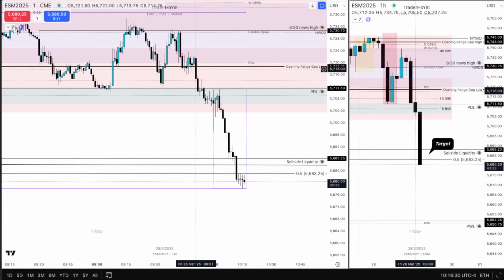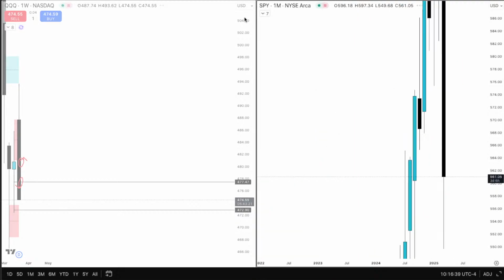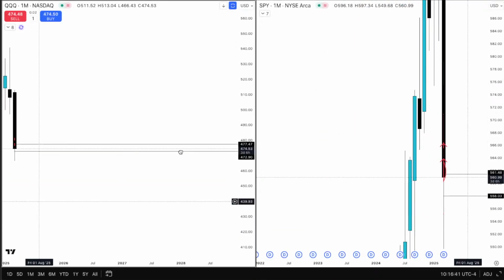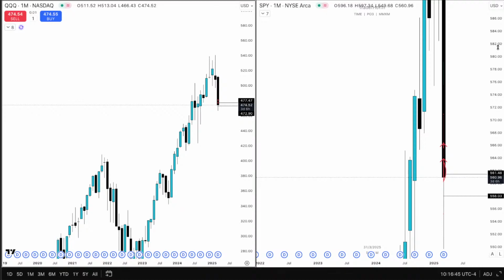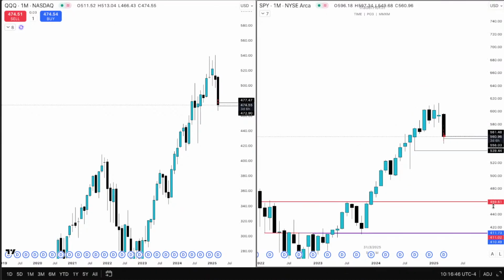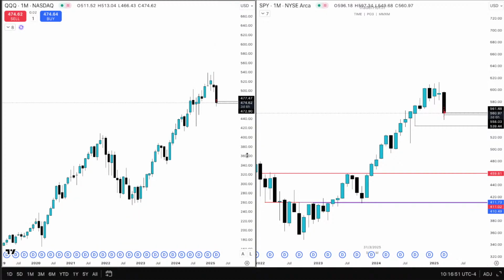In the long term, if you look at the QQQ and SPY chart in the monthly, even though there's this drop, it means nothing. It's just a small drop.